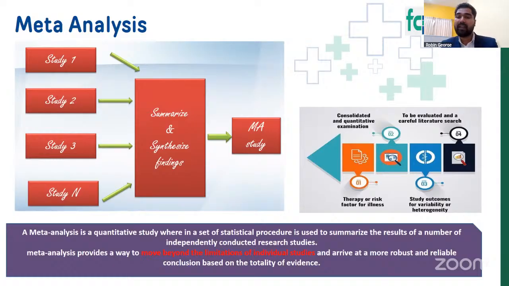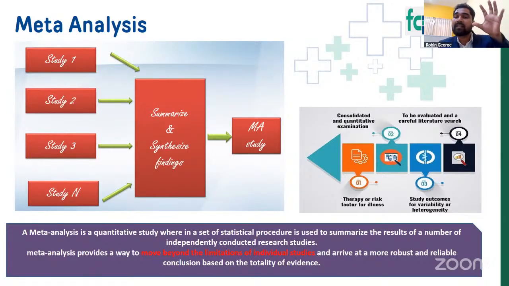Okay, and you can say it moves beyond the limitations, because the study conducted in China may have been conducted on a small population, the study in India might have been conducted only on absence seizure, and another study in USA was conducted only on pediatrics. So all studies have one drawback.